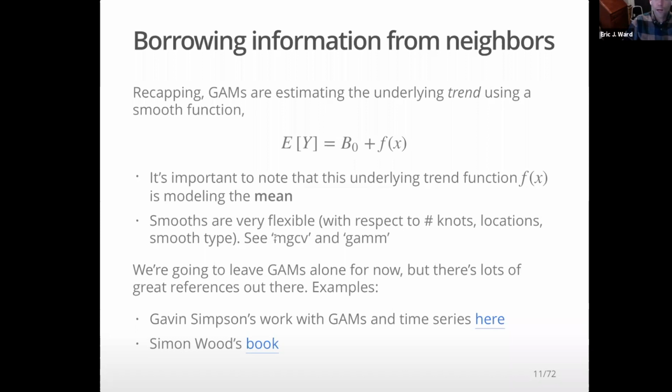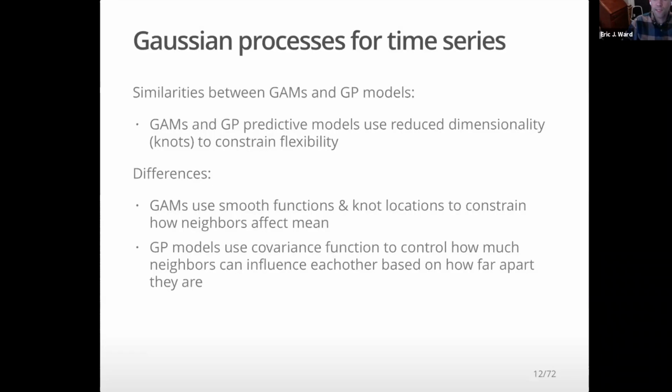They're available in a wide range of packages. MGCV is a really powerful tool for doing this, or BRMS in a Bayesian framework. There are a lot of other good references that I've linked to that are really worth checking out and diving into. But that's essentially all I'm going to talk about with the GAMs, because I just wanted to use the GAMs to set up the contrast with the Gaussian process models.